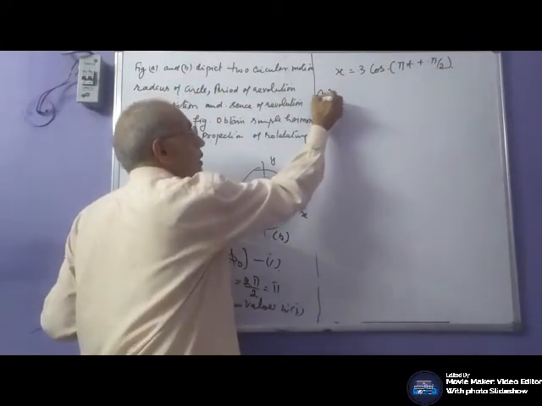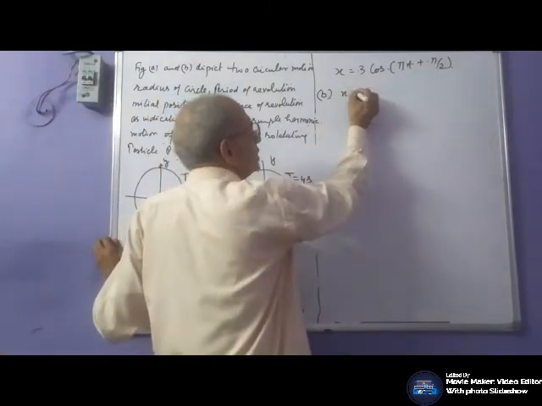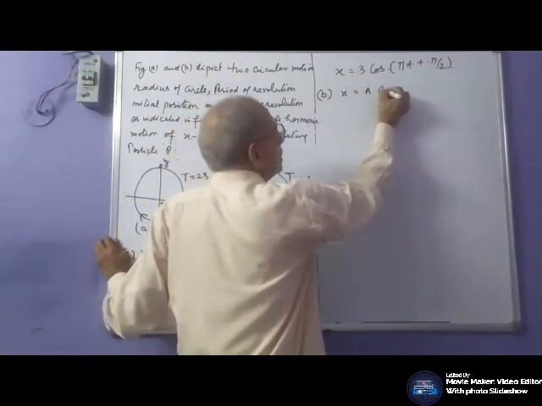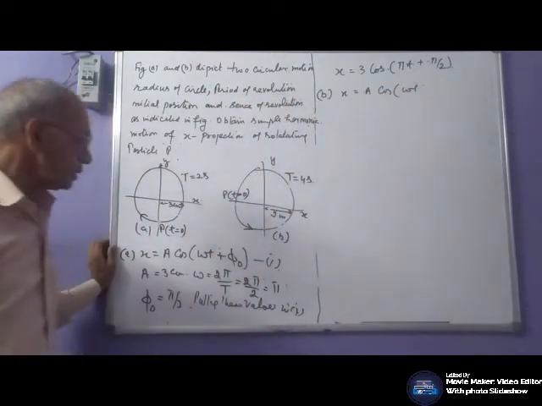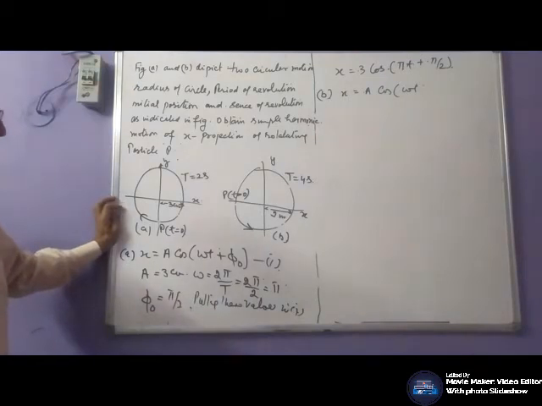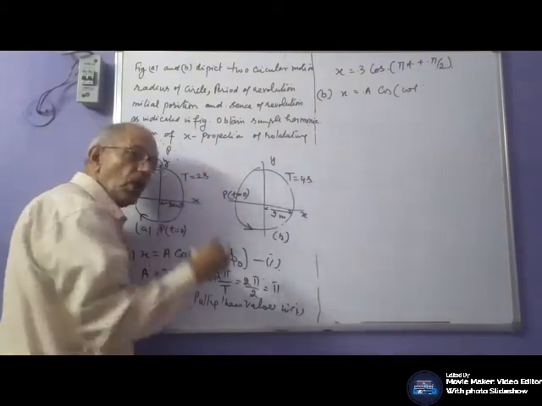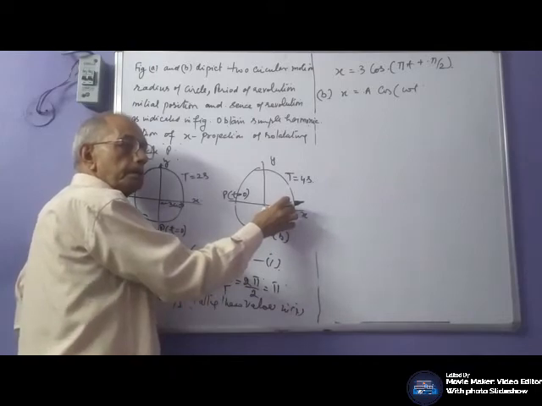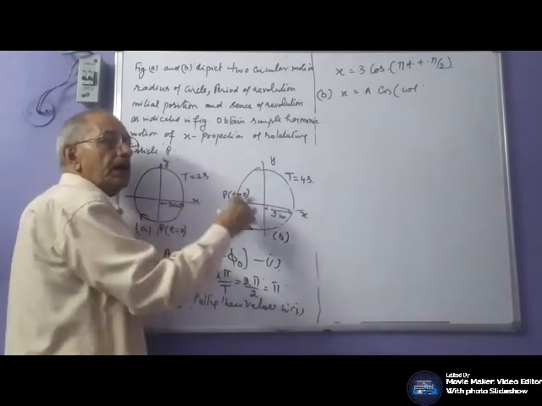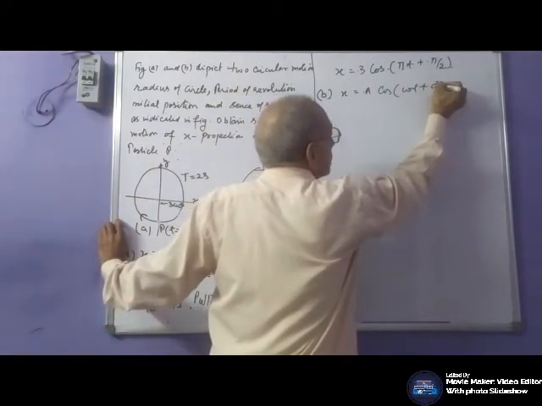Now for figure B, x projection is there, A cos. Now we will see whether phi naught will be plus or minus. एंटी क्लॉक, ये होता है स्टार्टिंग पॉइंट यहां. फिर आगे है ये, आगे plus phi naught.